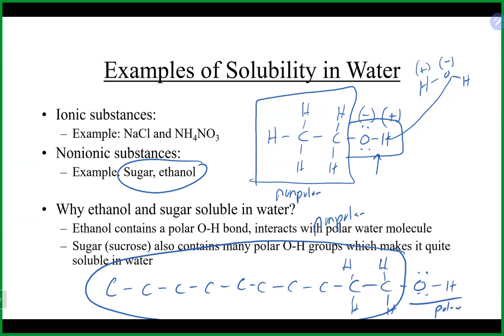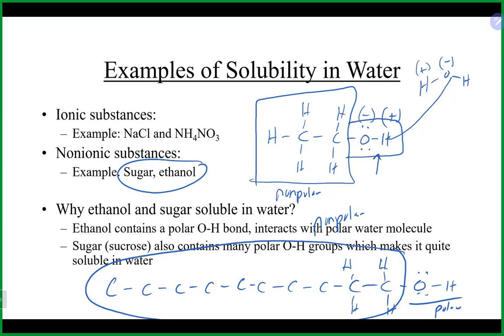So what happens in this situation is, as you build out more of the non-polar side of these molecules, the solubility drops dramatically to pretty much nothing. Something like this would not be very soluble in water, although it does have that OH bond where it can interact with water. The problem is the non-polar side is so big, it gets in the way. It doesn't allow water to get in there to interact well with this particular molecule that I drew.